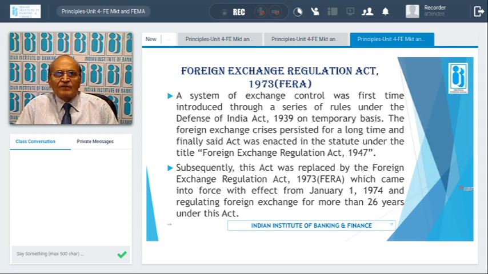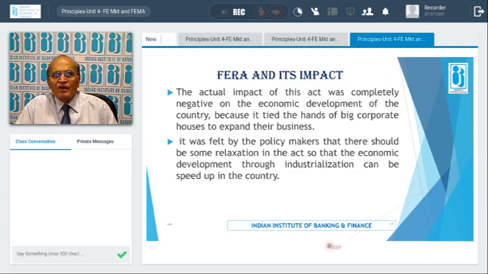This act was subsequently replaced by the Foreign Exchange Regulation Act 1973, which came into force from 1st of January 1974, and it was regulating the foreign exchange for more than 26 years under this act. FERA, as it's popularly known, is basically a criminal law.